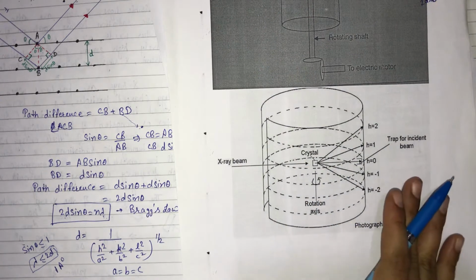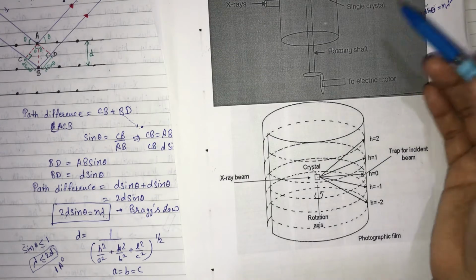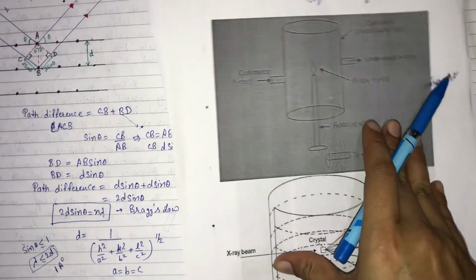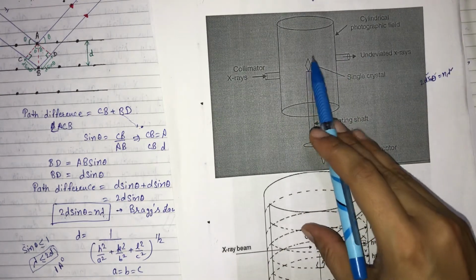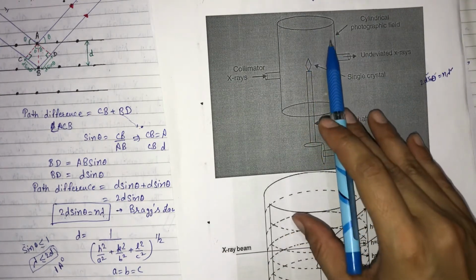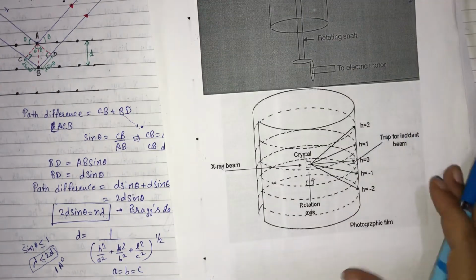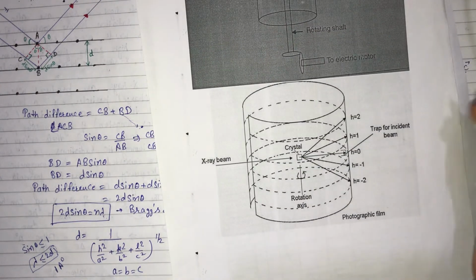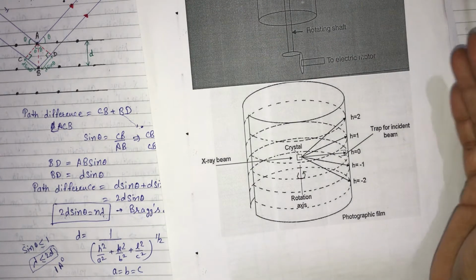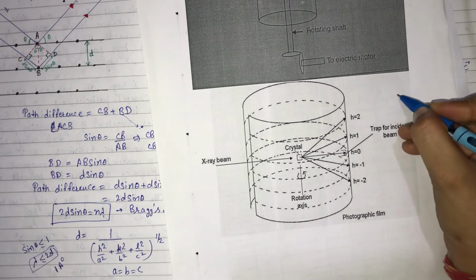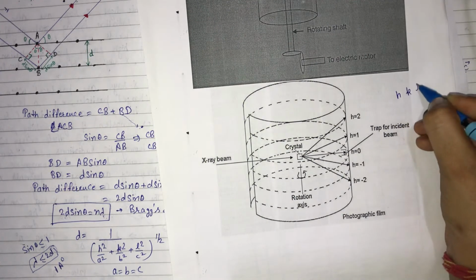Now how do we get the diffraction pattern? As we discussed, in the crystal rotating method, the single crystal is placed on this rotating shaft in such a way that one crystallographic axis coincides with the rotation axis. Suppose in the single crystal there are different planes oriented at different angles and having Miller indices, suppose HKL. Clear?